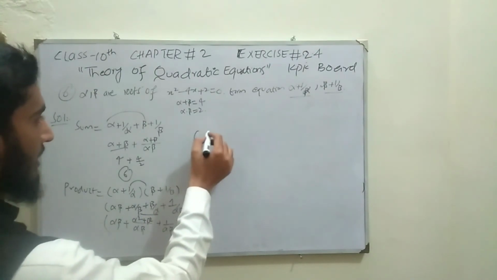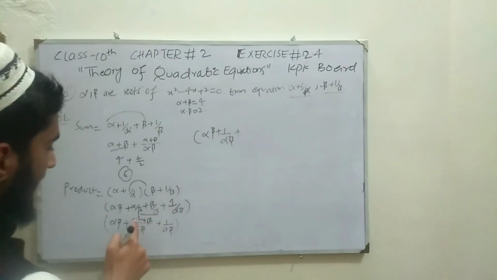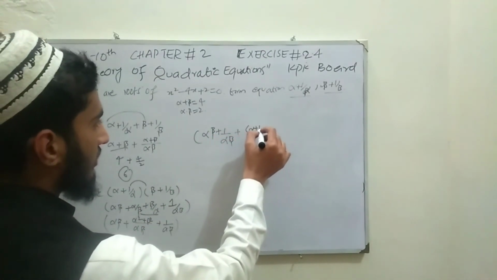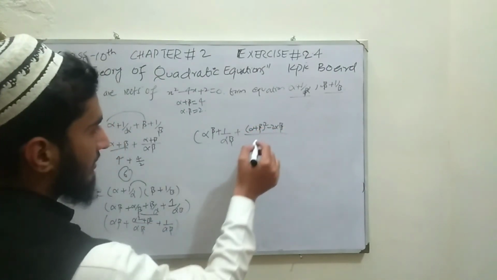Solving here, alpha beta plus 1 over alpha beta, and we can write alpha square plus beta square as alpha plus beta whole square minus 2 times of alpha beta, divided by alpha beta.